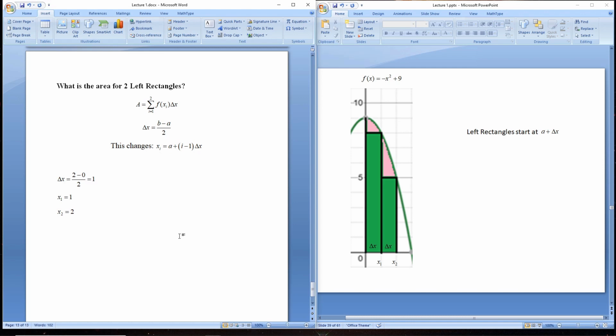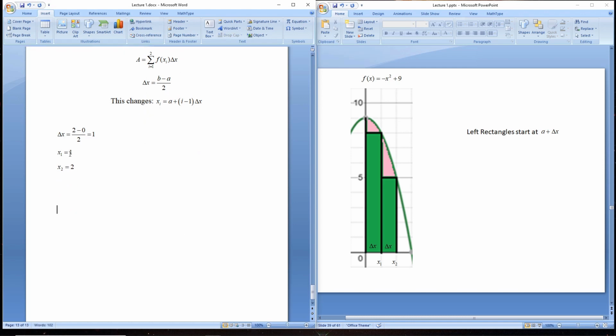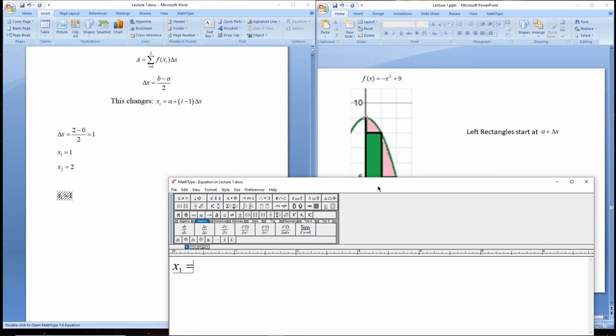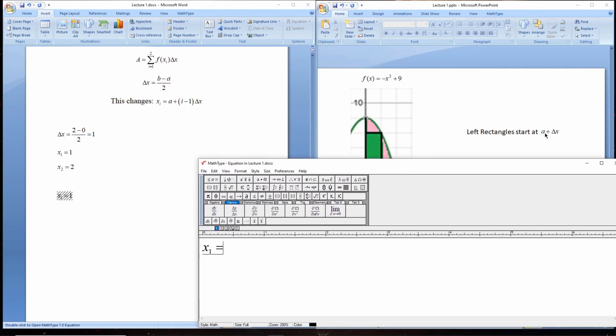So let's assume that we have more rectangles here. Now let me just write the general expressions. So we know that x sub 1, the left rectangle, always starts at a plus delta x. That's always the first position where our left rectangles start.